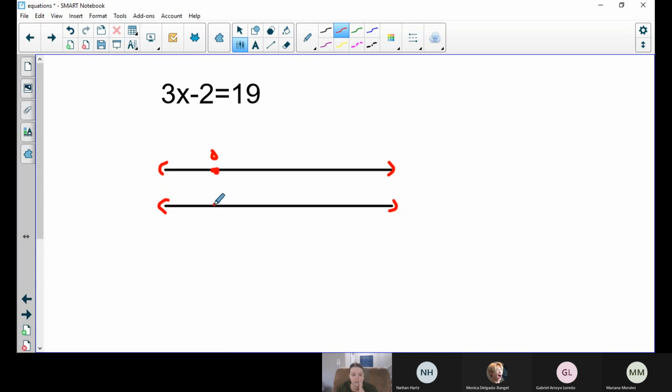So here's my 0, here's my 0x, okay? And we know that 3x minus 2 equals 19. So on the top here, I'm going to put my 19. And on the bottom, since that's my x line, I'm going to add my 3x minus 2.